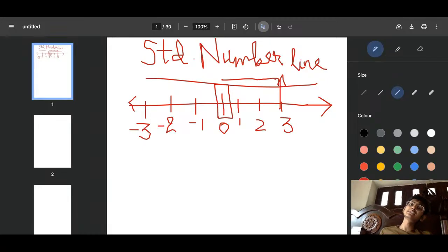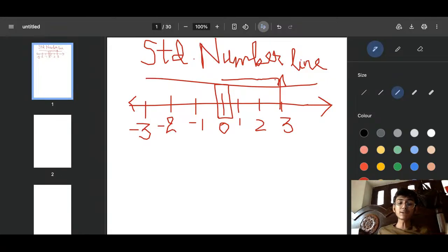So actually, we are not explaining 0 independently here. We are explaining it using a number, let's say 3. So actually 0 is a form of 3 only.